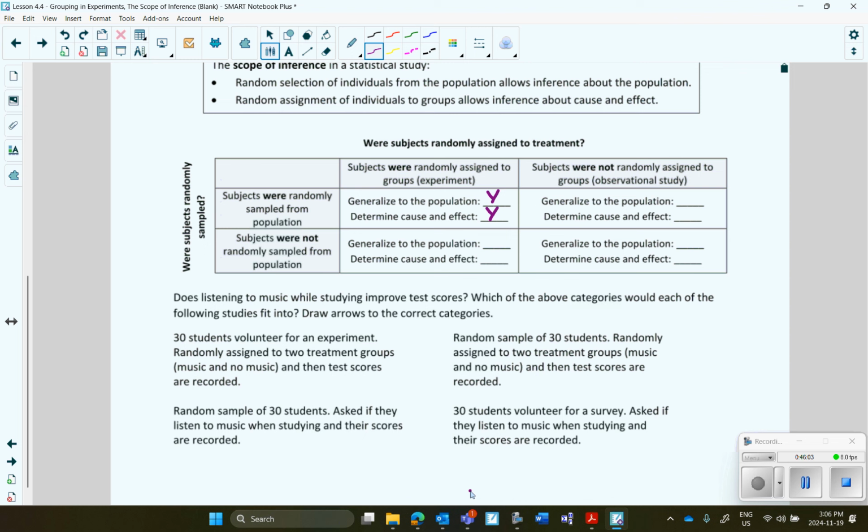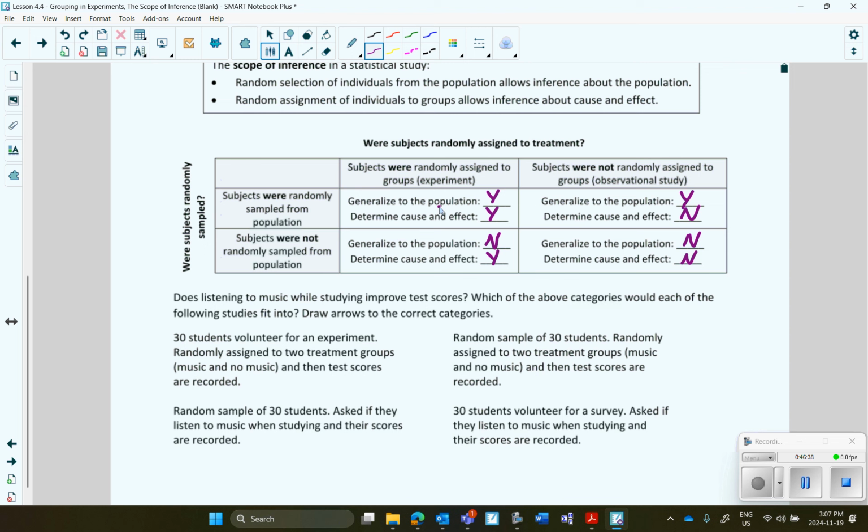On the other side, if both were not, well, then it's no and no, and that's the worst one, right? And then we have the mixed ones. If they were randomly sampled from a population, yes, I can make a conclusion about the population, but I can't make a conclusion about cause and effect. Here, they were not randomly selected from a population, but I can make a conclusion about cause and effect.